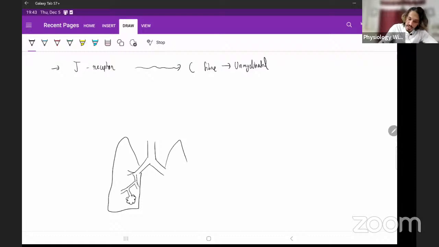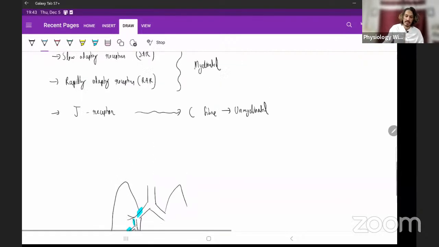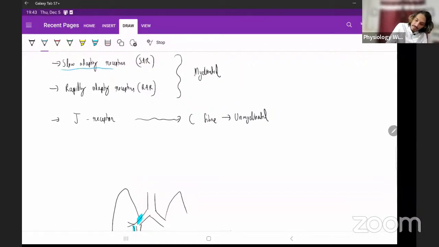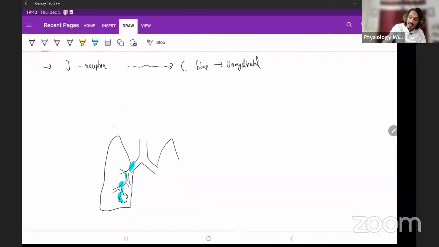Stretched all over these areas, your bronchi, bronchioles, terminal bronchioles, respiratory bronchioles, even your alveolar duct and parts of the alveoli, all throughout the tracheobronchial tree, we have certain types of receptors. These receptors are the slow adapting receptors. What do they detect? They detect stretch.